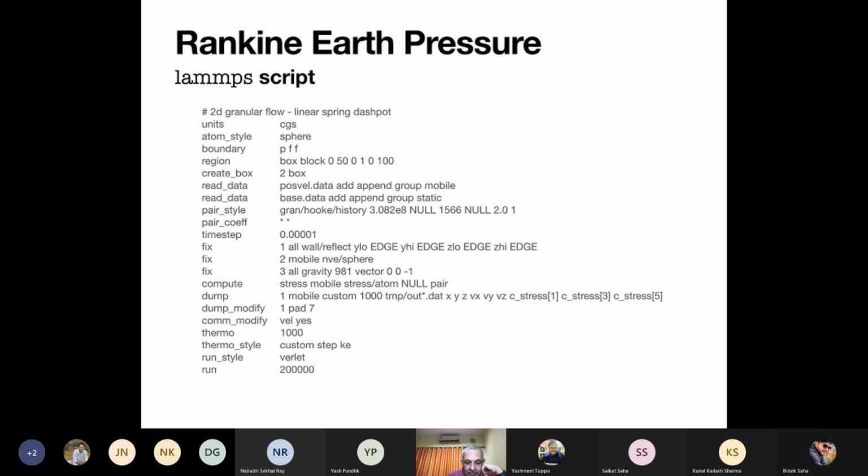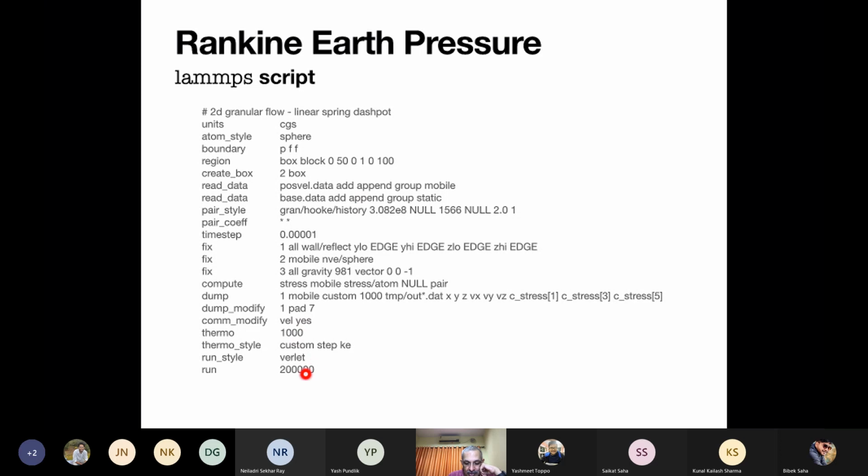This specifies that we move only the mobile particles, because there's a rough base that is added, and there's a gravity of 981 centimeters per second squared in the minus Z direction. Then we compute the stress. This writes all the data: X, Y, Z, Vx, Vy, Vz, and the stress components. This is sigma xx, this is sigma zz, and this is sigma xz, so the two normal stresses and the shear stress.